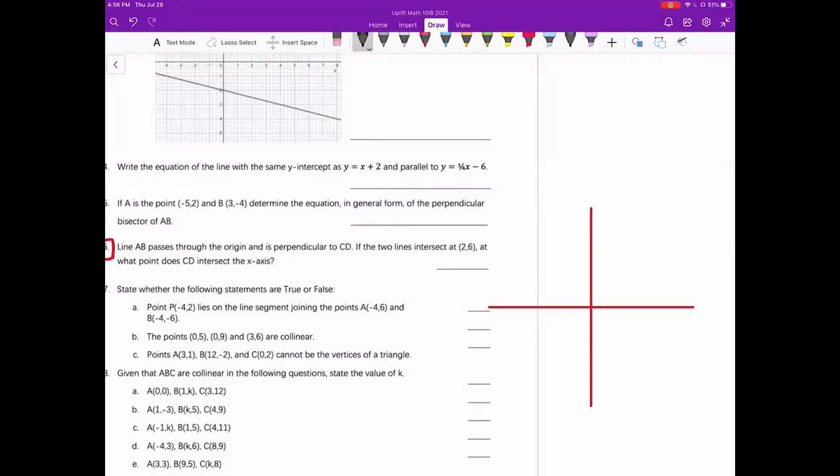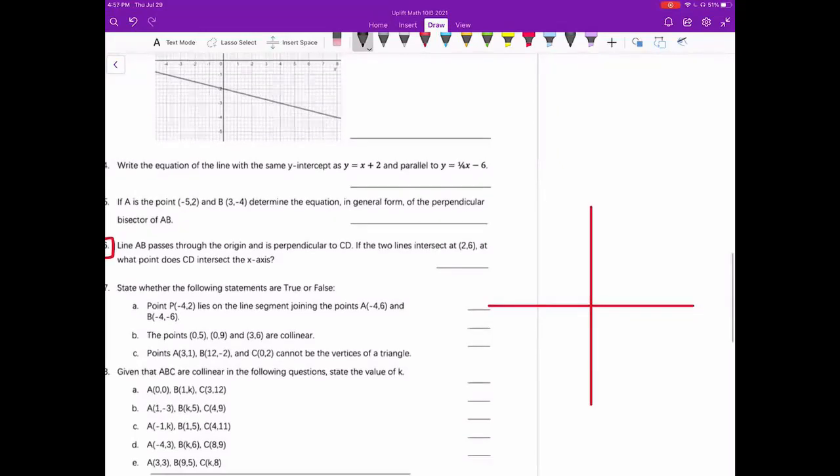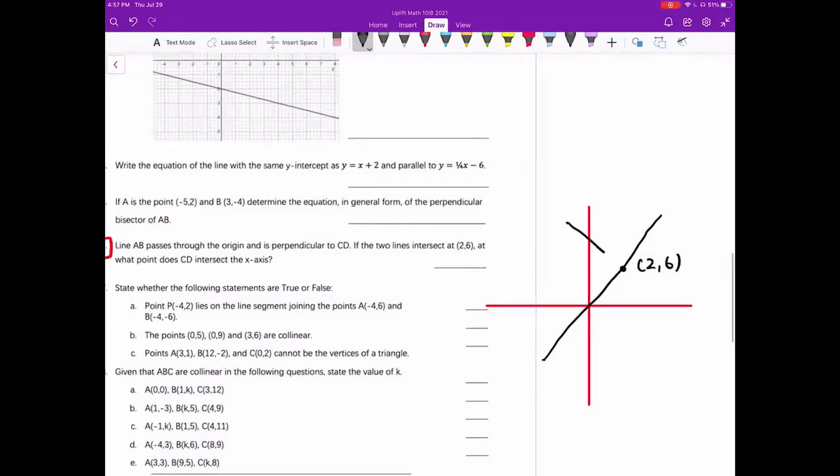So we have the line AB, which passes through the origin and intersects the point 2, 6. The 2 lines intersect at 2, 6, and CD is perpendicular to the AB line and also intersects at 2, 6. Oh, okay. And then we're just trying to find the x-intercept.